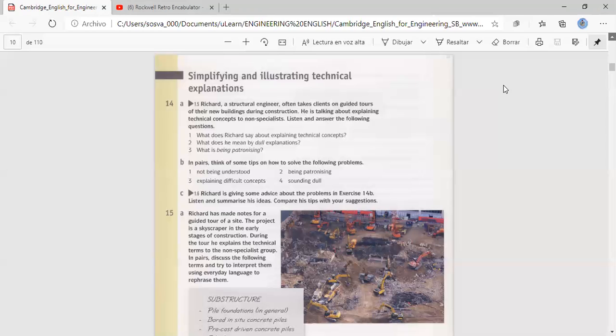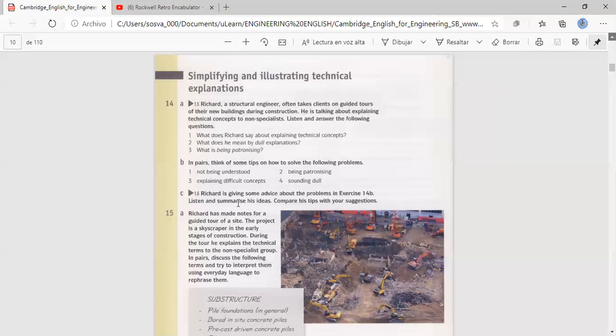Exactly, yes. Using social or quotidian words or ideas, other ideas more common in his life. I think that's my advice or tips for that case. Okay, that's great.